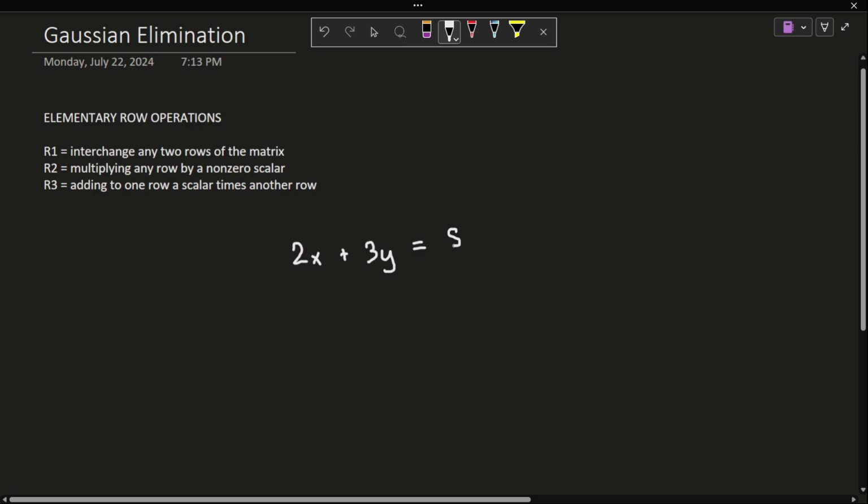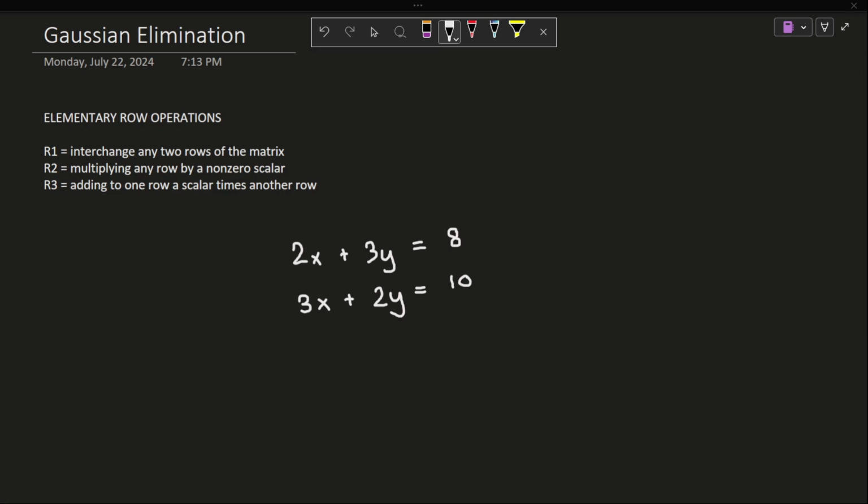So 2x plus 3y equals 8, and then we're going to say something like 3x plus 2y equals 10 or something, right?